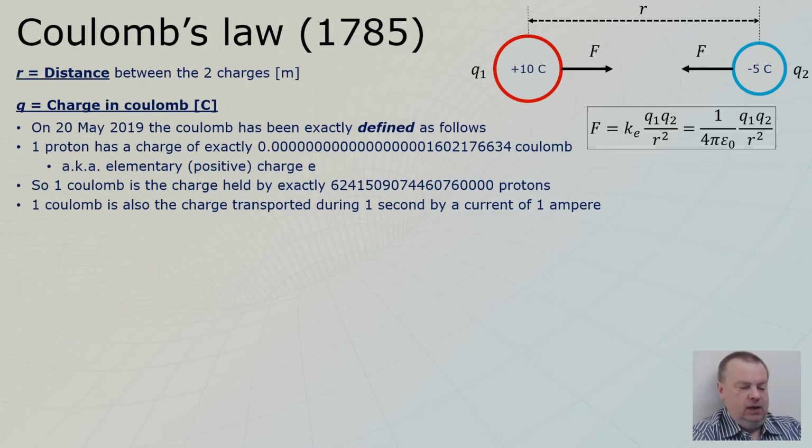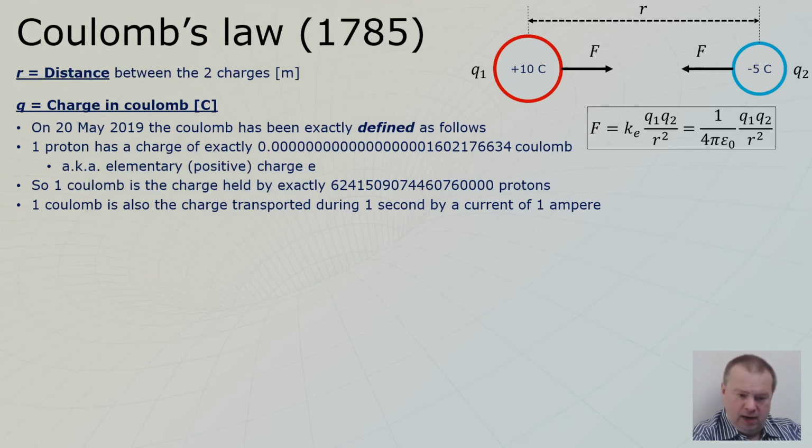If charges are moving, and that's what we call a current, they are moving through a wire, and let's say the current has a strength of 1 ampere, which is a different unit of measurement. It's a measurement of moving particles or charges.